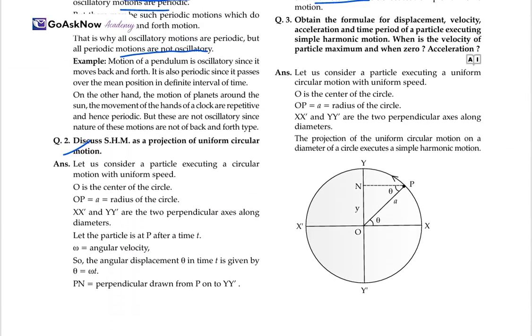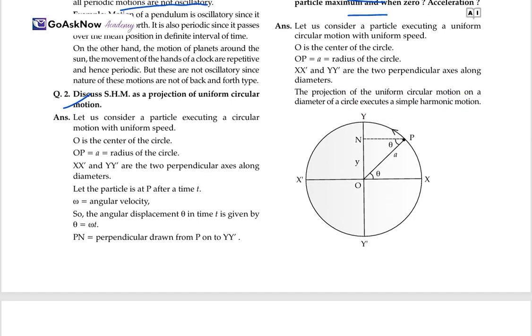Now another question: derive the formulas for the displacement, velocity, acceleration and time period of a particle executing simple harmonic motion. When is its velocity maximum, and when is it zero? When velocity is zero, what is the acceleration at that time? With the diagram, we consider O as the center, OP equal to A, the radius of the circle, X X dash, Y Y dash. The projection of uniform circular motion on the diameter of a circle executes simple harmonic motion.